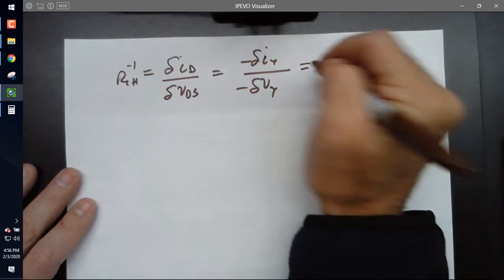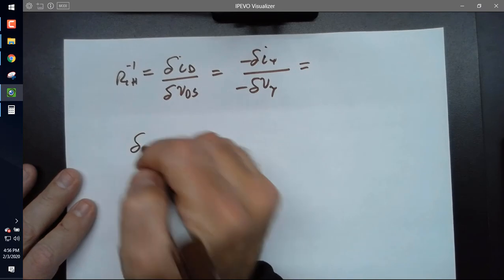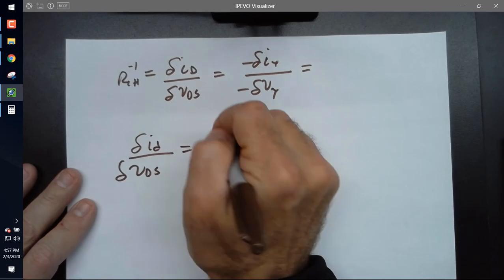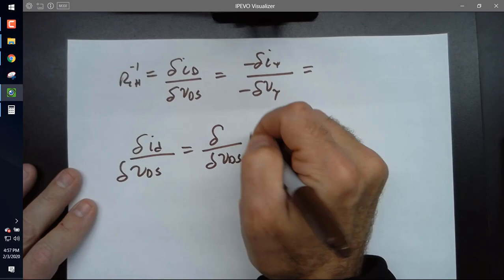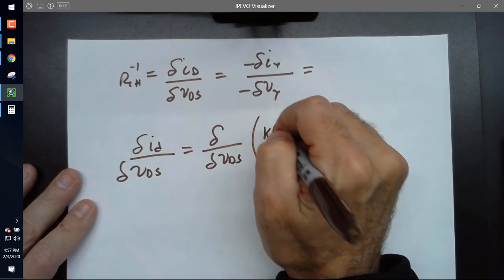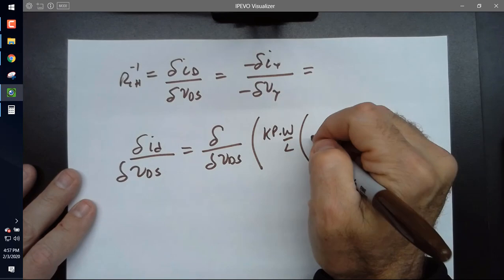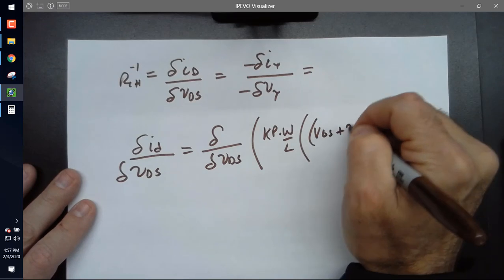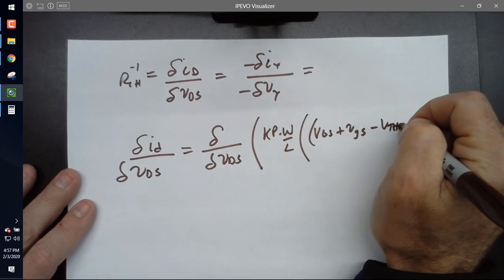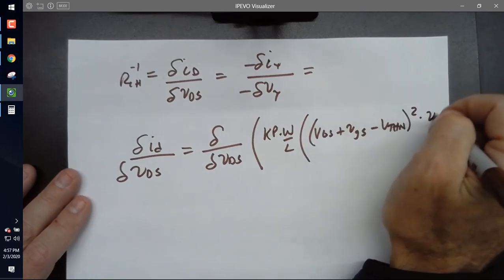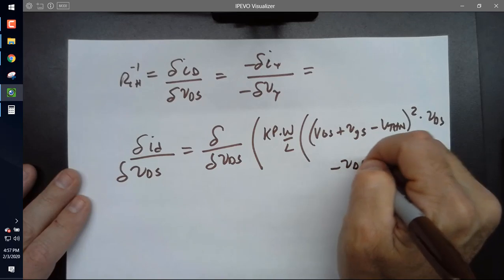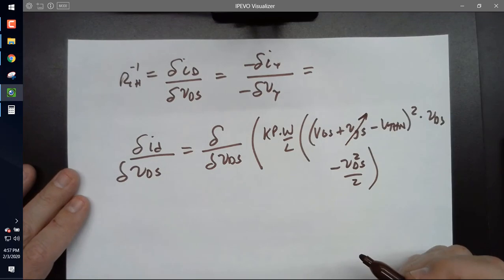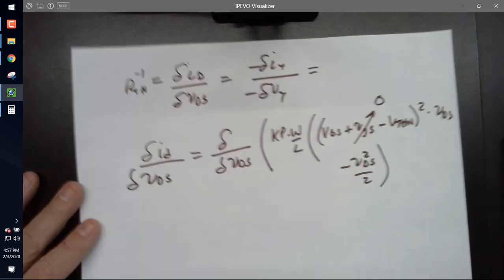And that's equal to the derivative with respect to VDS of ID, which is the derivative with respect to VDS of KP times W over L times, I'm going to be really verbose here, VGS minus V threshold N times VDS minus VDS squared over 2. And what is this voltage here? 0. Right?